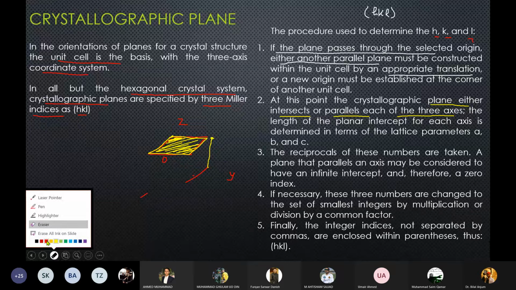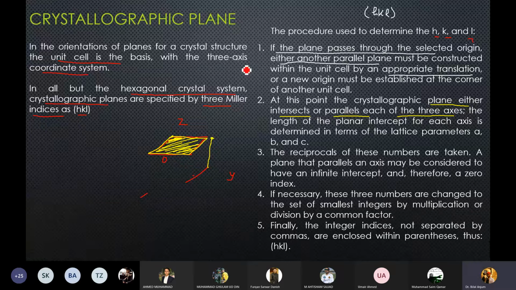Essentially, let me draw the axes once again. Essentially, what has happened is that now my plane is not passing through the origin. For this new plane, this is the positive x-axis, this is the positive z-axis, this is the positive y-axis.